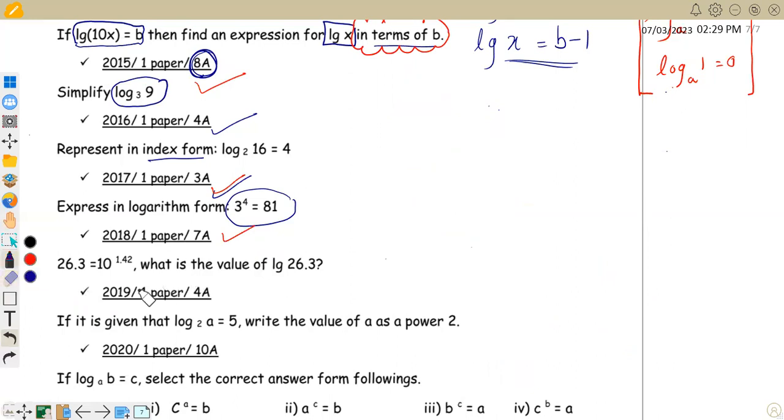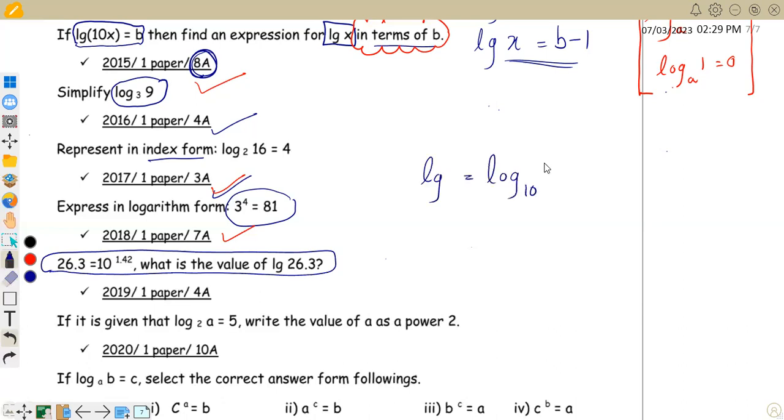If you check the 2018 question, you can remember that in the beginning of this tutorial I mentioned LG. LG means logarithm to the base 10. This is a kind of question that uses this short method. Here you are given the value of a power with base 10, and you are asked to find LG 26.3.